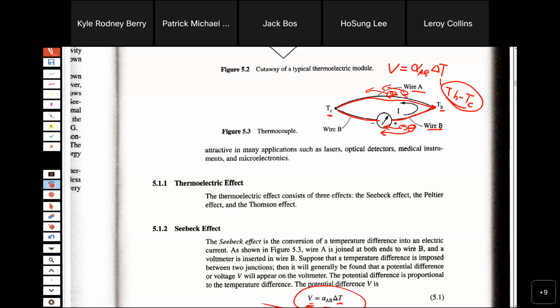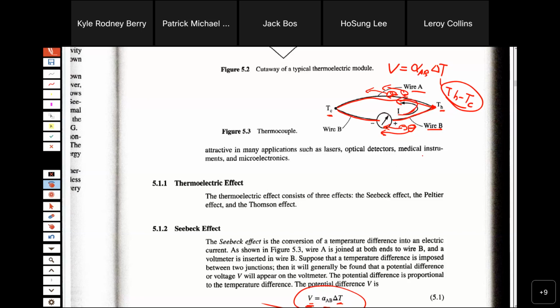That's why A, B cannot be the same. If A, B is the same, it's canceled. But B has more electron, so more current on the B side than the A side. That's why a difference current is flowing. So in that case, there is a voltage.